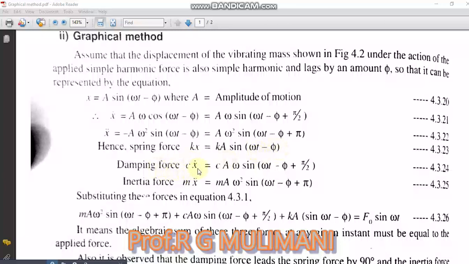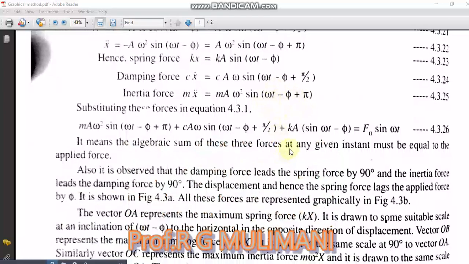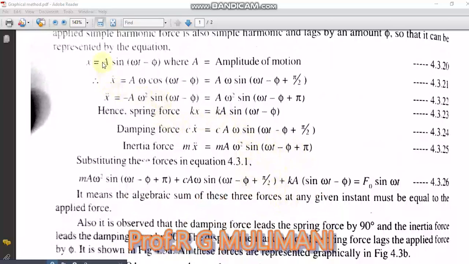Damping force c x dot, substituting the value of the velocity component, it is c A omega sine(omega t minus phi plus pi by 2). All the forces are considered in the sine function. Similarly, inertia force m x double dot, where x double dot is A omega square sine(omega t minus phi plus pi). See here, now we have all the forces in terms of the sine function.